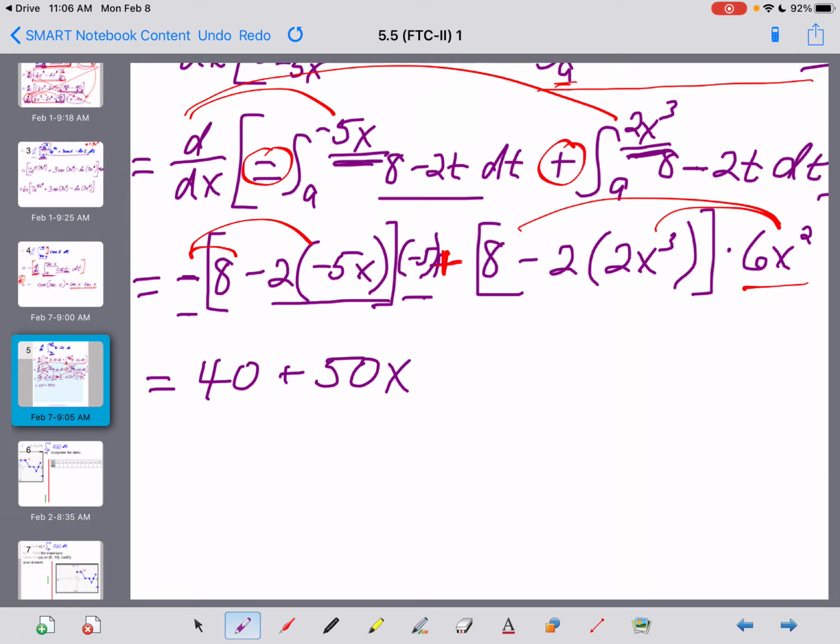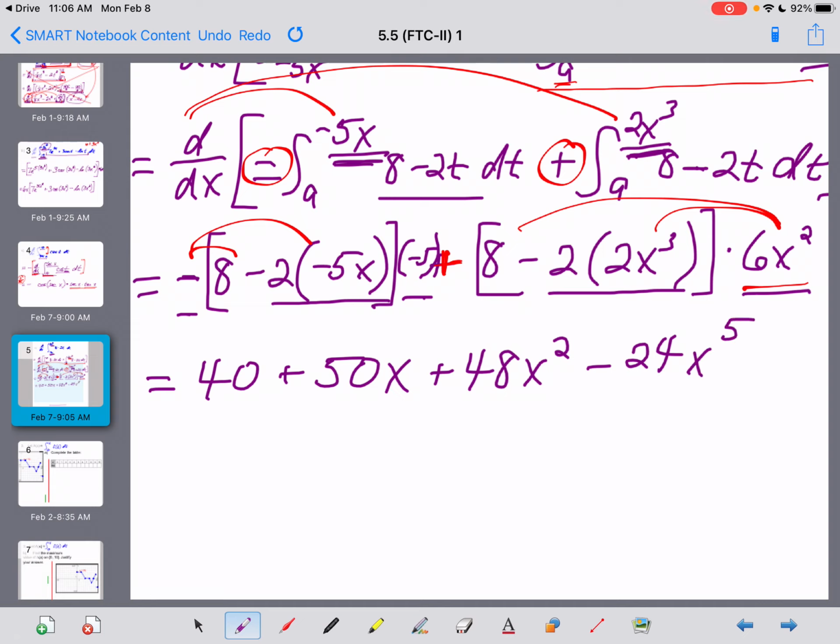So where are we, guys? The 6x squared times the 8 is going to be a plus 48x squared. This term right here would have been a negative 4x cubed. Let's multiply 6x squared by that, and that should get us a negative 24, and x cubed times x squared is going to be x to the 5th.